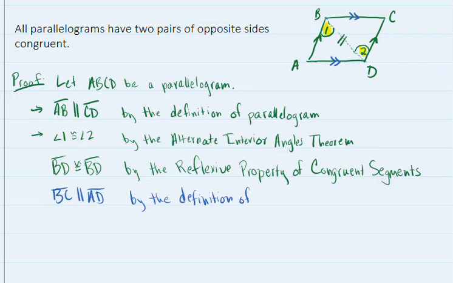And then, after writing the definition of parallelogram, we can mark a couple of angles. Let's just call them angle 3 and angle 4, and we can say that they are congruent.